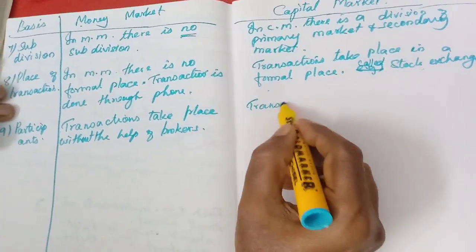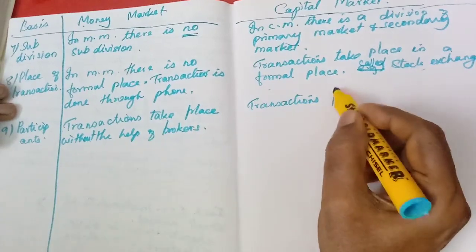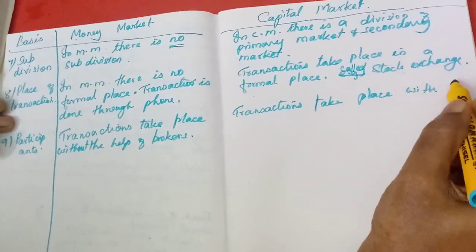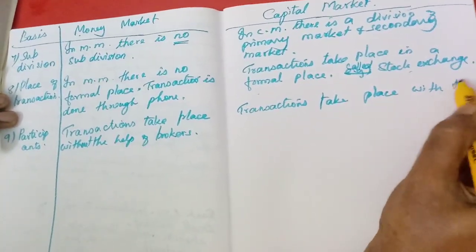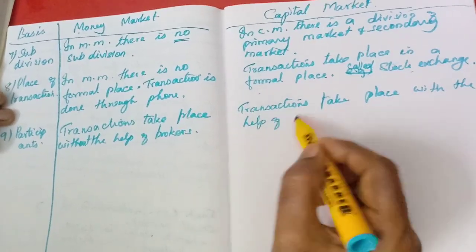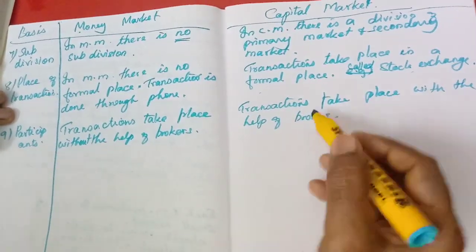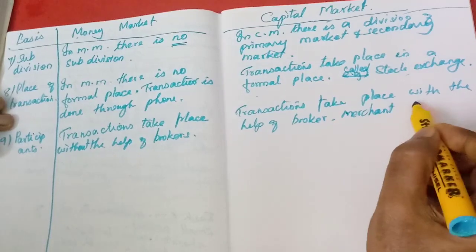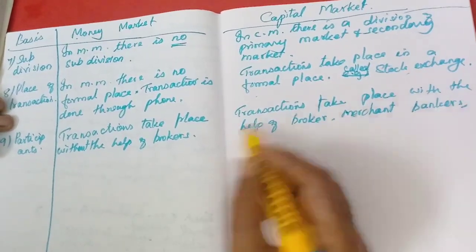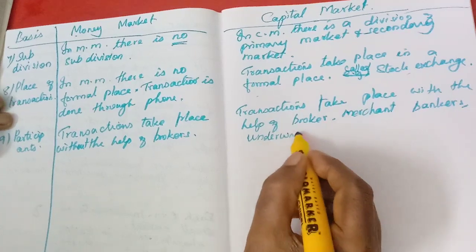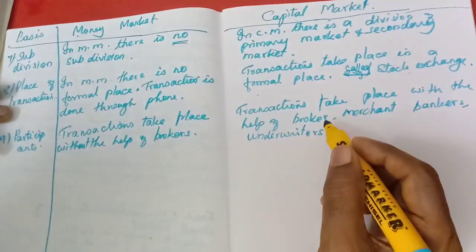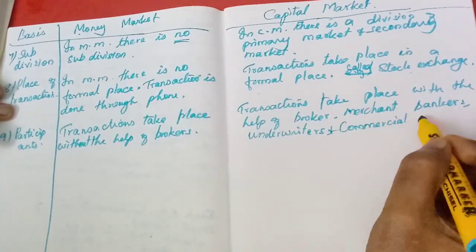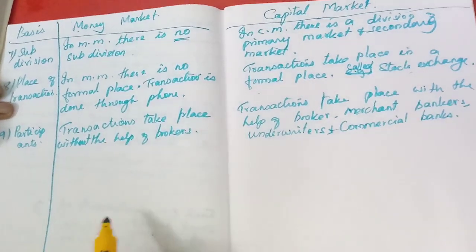Transactions take place with the help of brokers. Many people will be there: merchant bankers, underwriters, and again commercial banks also, because they deposit all the money in the commercial banks.